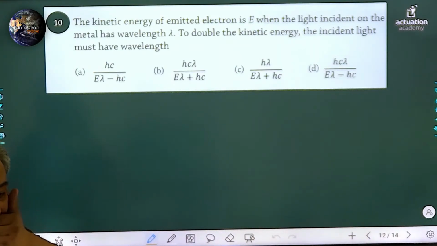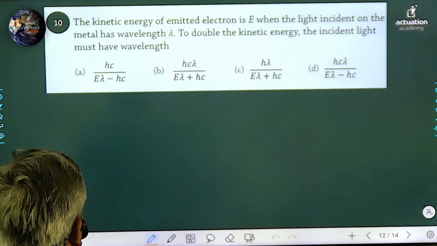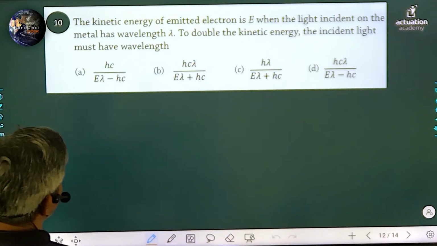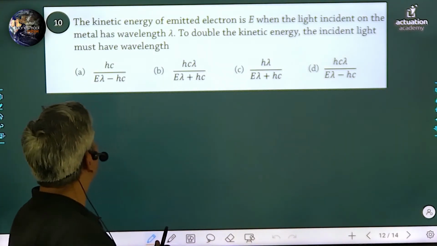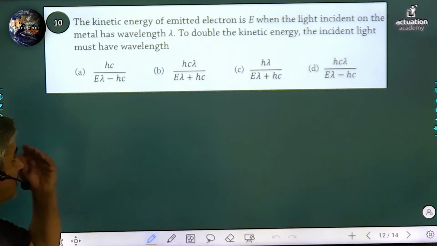Now question number 10. The kinetic energy of the emitted electron is E when the light incident on the metal has wavelength lambda.